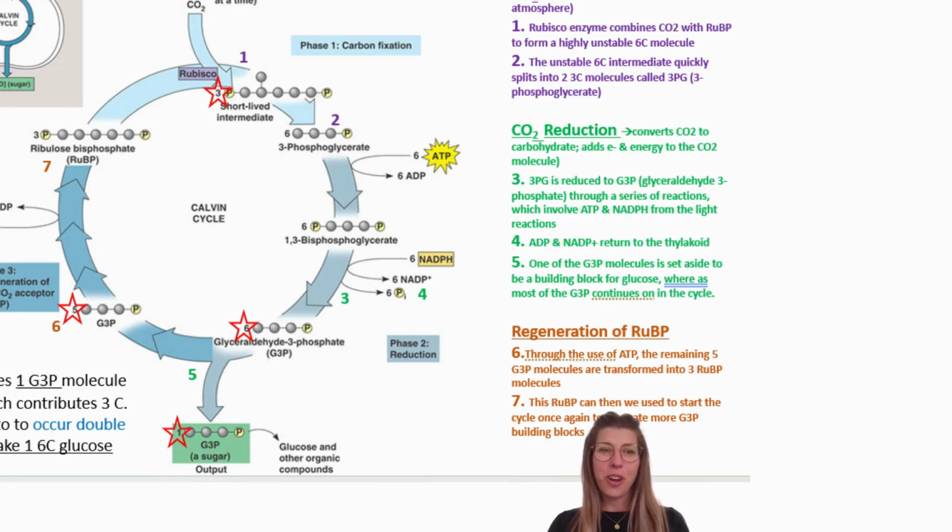We need 6 carbons, not just 3. So we'll multiply that 9 ATP by 2, and the 6 NADPH by 2, right? Because we're talking about a whole glucose molecule. And the energy requirement for an entire glucose molecule to be created is, in fact, 18 ATP and 12 NADPH for that one glucose molecule.